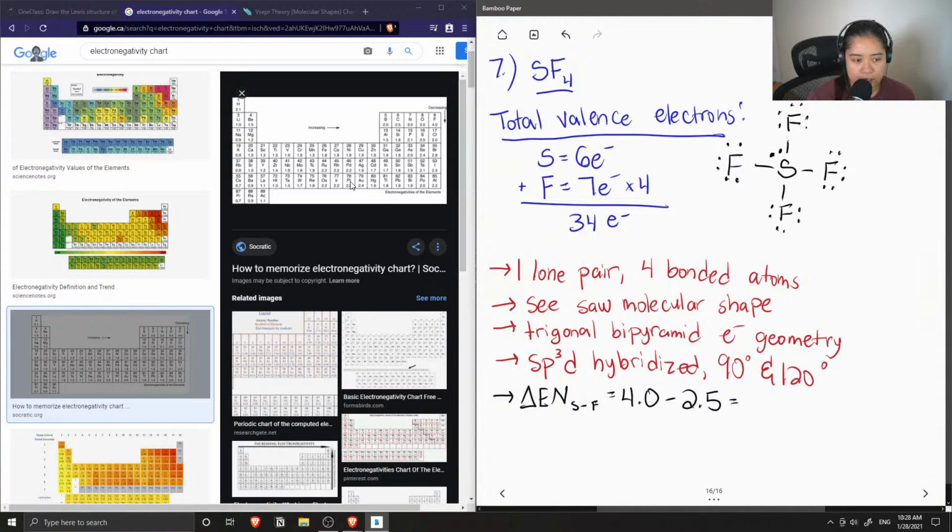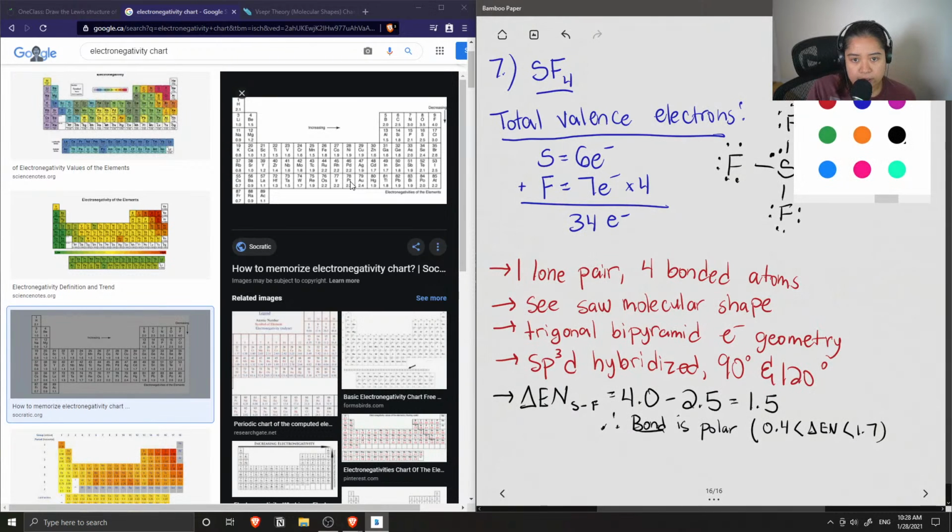So this tells us that the difference in electronegativity is 1.5. So therefore, we can say that the bond is polar, and this is because our electronegativity difference is greater than 0.4, but it's less than 1.7. That's another way we can tell if a bond is polar or nonpolar.